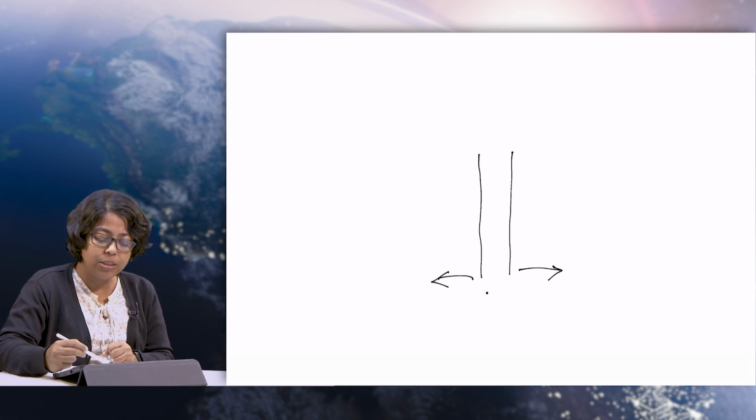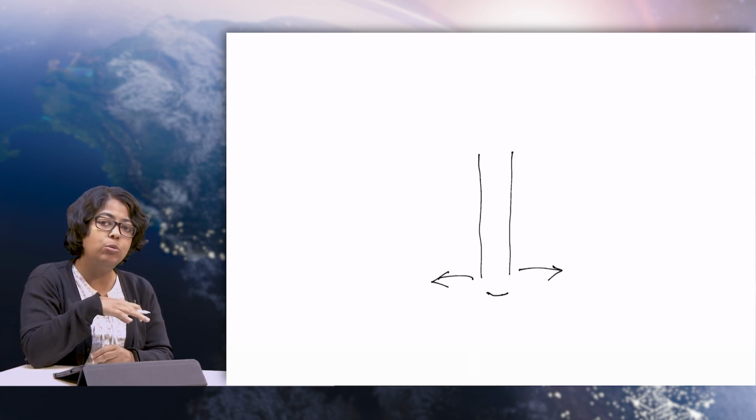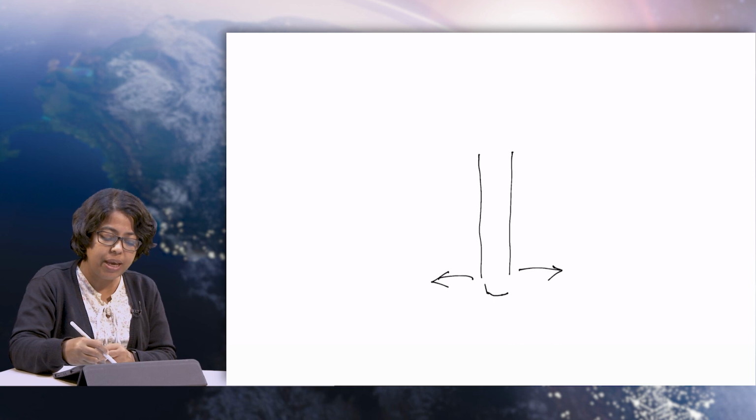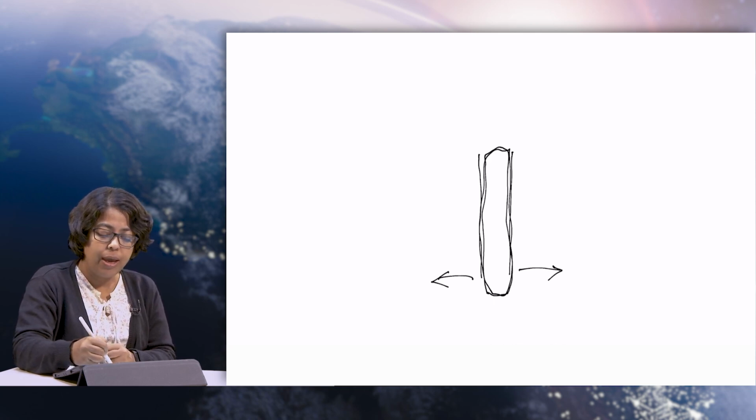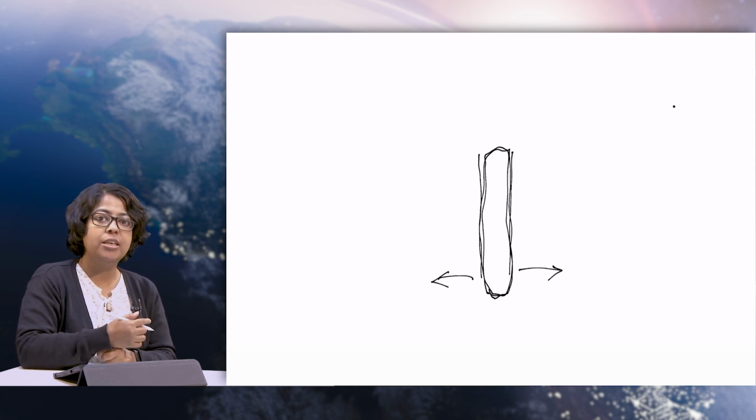And when the new plates form, it's basically the magma which is coming very close to the surface and creating this new piece of crust. Because it's not differentiating so much, it's primarily going to have basaltic composition.